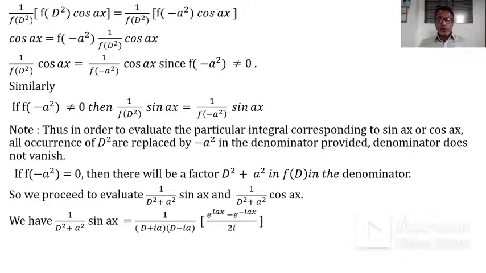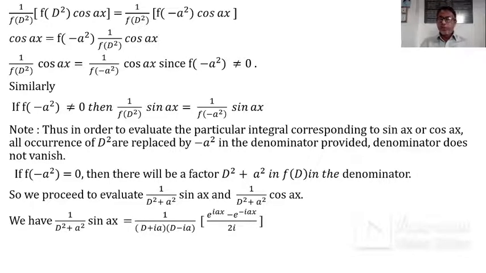Now 1 upon D square plus a square is D plus ia into D minus ia, and we know that we are able to write sine ax as e to the power iax minus e to the power minus iax upon 2i.